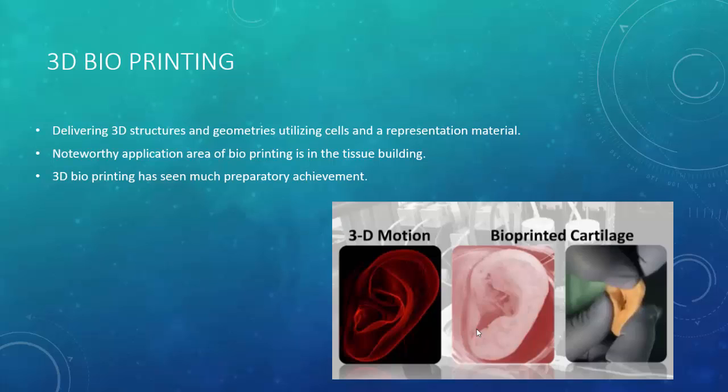These include skin, bone, cartilage, trachea, and heart tissues. While preparatory accomplishment has been accomplished in these non-critical functional tissue structures, critical research effort is directed towards the generation of totally functional replacement organs and tissues, for instance, aortic heart valves.